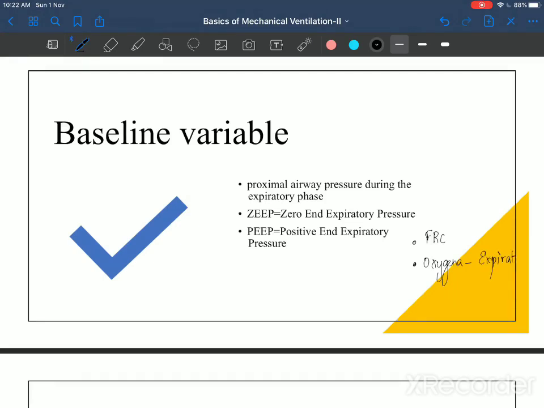Inspiration, obviously, but this FRC is the only amount of gas that is remaining for oxygenation to happen during the expiration phase. This PEEP recruits collapsed alveoli. So especially in conditions like ARDS, the alveoli will get recruited more and more for gas exchange to happen. That is the importance of PEEP. You do not want the lungs to completely collapse during an expiration. That is why you set a PEEP.